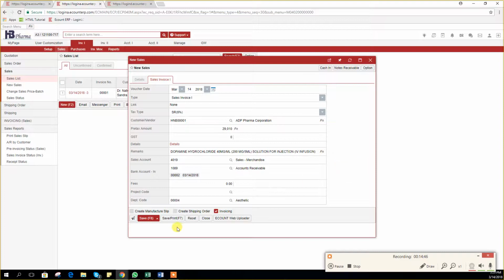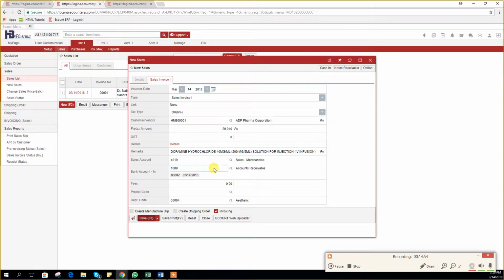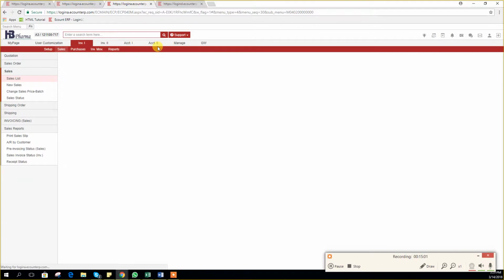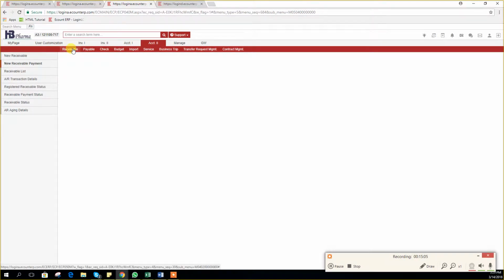Okay. So what happens if I save this? Of course, insufficient inventory. Okay, fine. So now, do you think it is going to be inside the receivables?